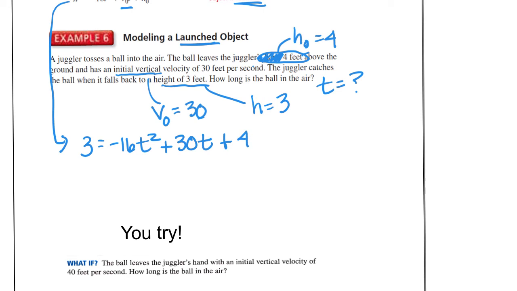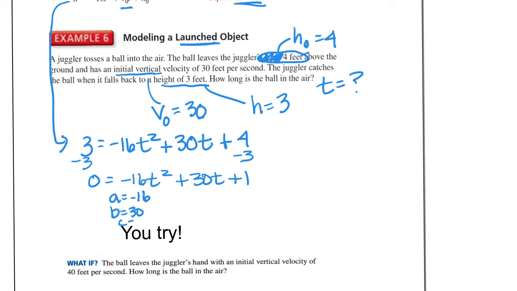So now, you guys, as long as I put it in standard form by subtracting 3 from both sides, I end up with an equation that I can use the quadratic formula in. So this is what A equals negative 16, B equals 30, C equals 1.